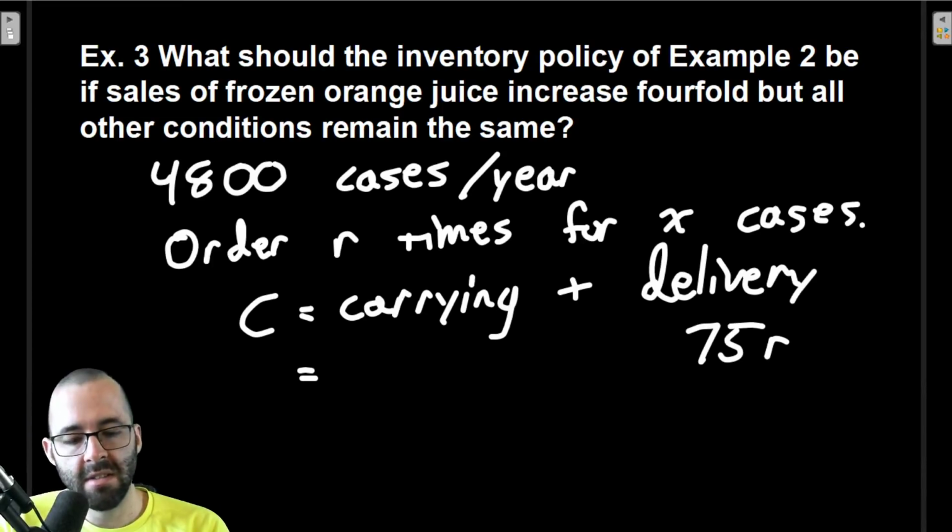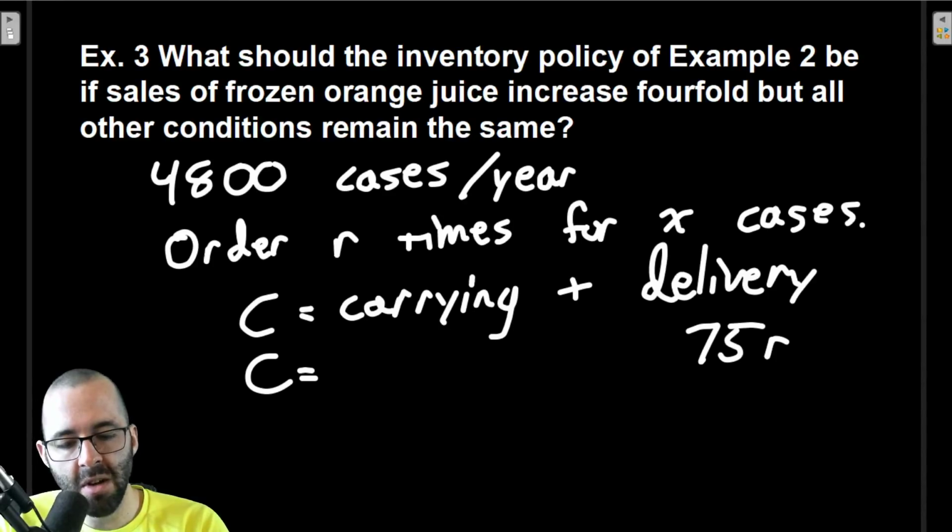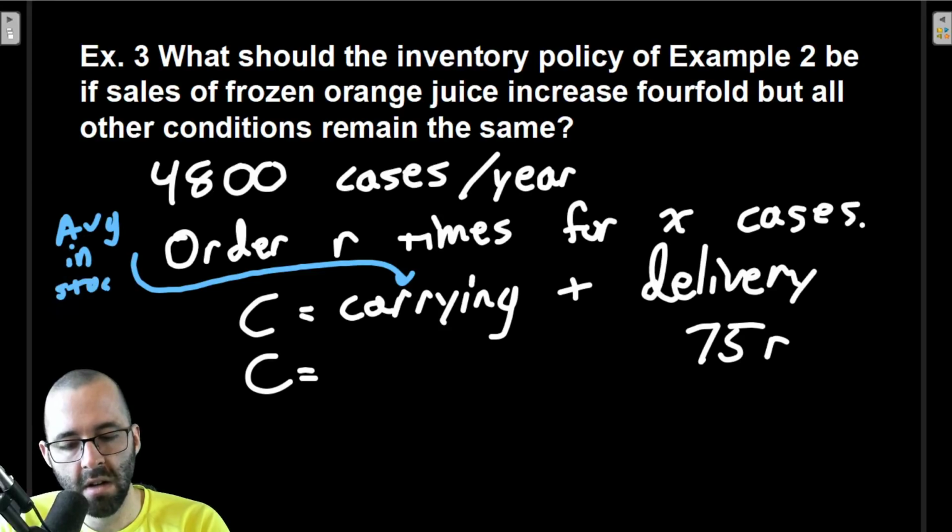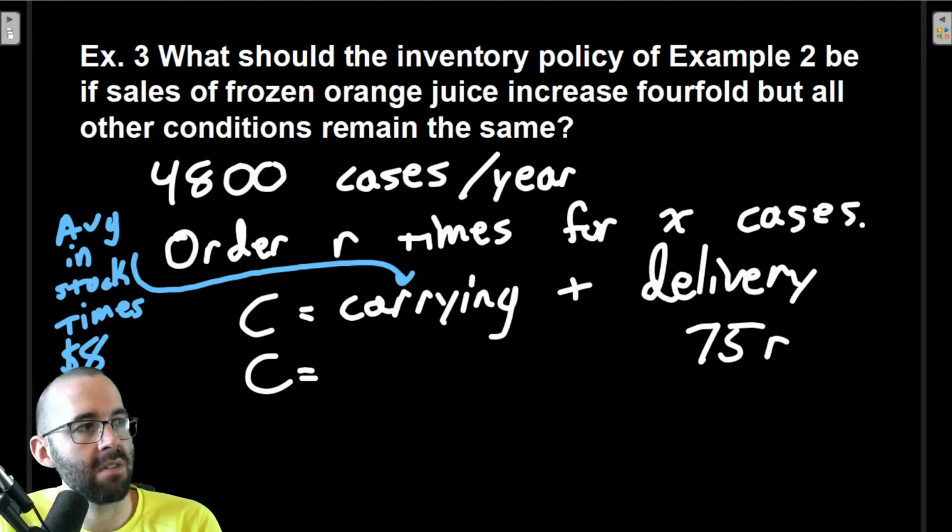Now the carrying costs are a little bit harder to get. Remember, the carrying cost from the first video is going to be the average number in stock times our $8, because each one costs $8 per year.